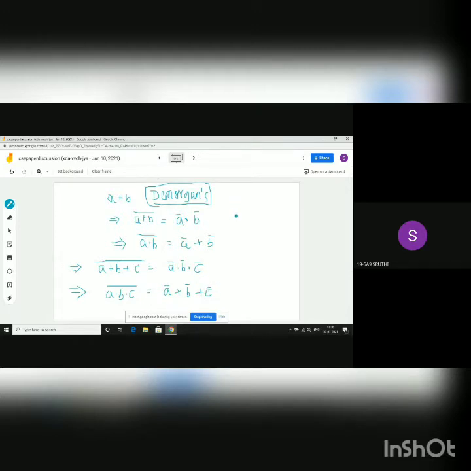These are called De Morgan's law for two variables and three variables respectively. Simple way to remember: two variables given and we need to find the whole complement. We take the complement of the first, the second, and if there is plus here, it becomes dot, and if there is dot, it becomes plus. Simple way.